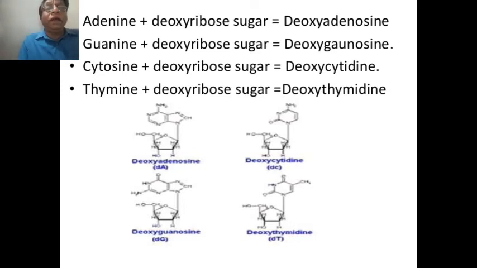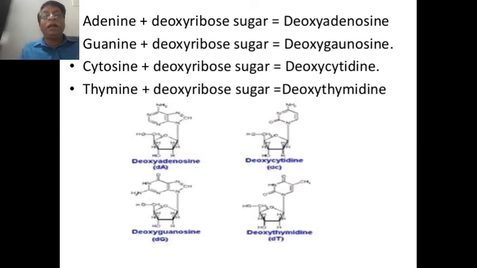Adenine base and deoxyribose sugar form deoxyadenosine. Guanine and deoxyribose sugar form deoxyguanosine. Cytosine and deoxyribose sugar form deoxycytidine.